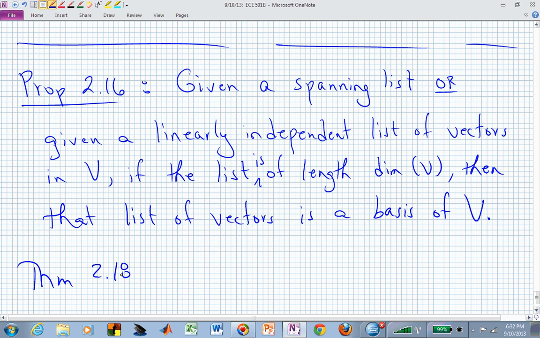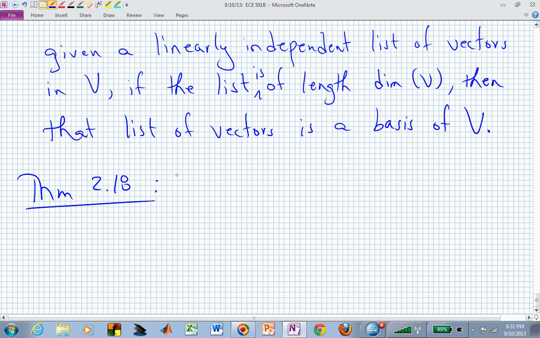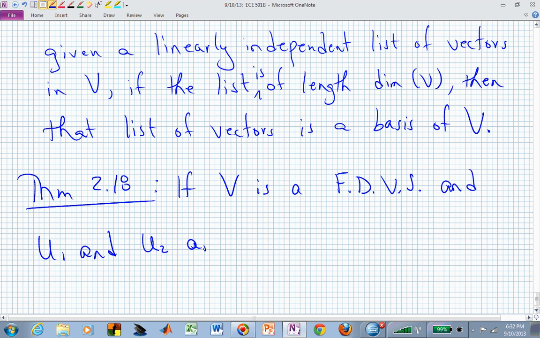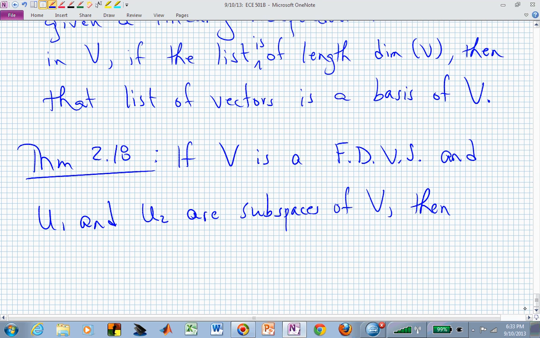One more. Let's look at Theorem 2.18. Theorem 2.18 now says if V is a finite dimensional vector space and U1 and U2 are subspaces of V, then we can relate the dimensions of these.